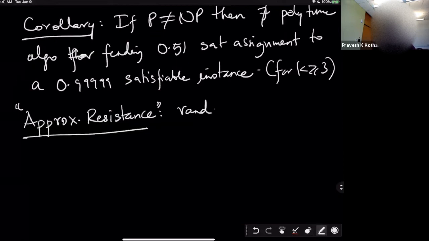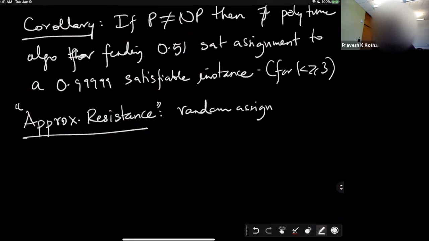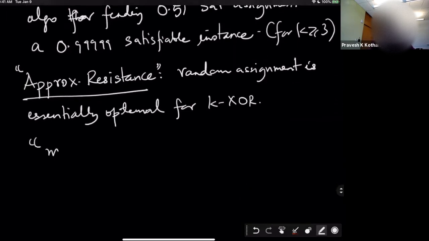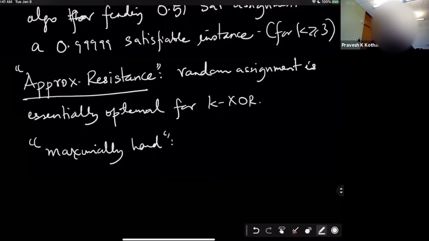Whenever random assignment is basically optimal, we call that problem approximation resistant. We'll define this terminology a little bit better about an hour or so from now. But basically, this is some way to say that the problem is maximally hard because there is no way to beat a completely trivial algorithm. So unlike max cut, there is no way to beat the trivial random cut or random assignment algorithm.